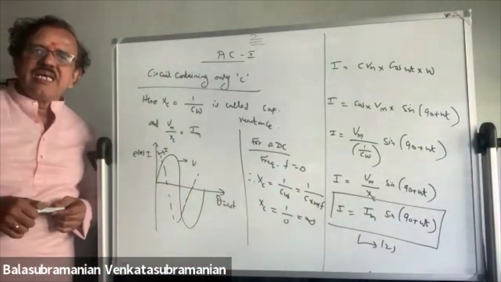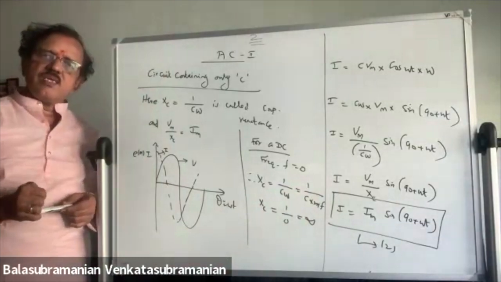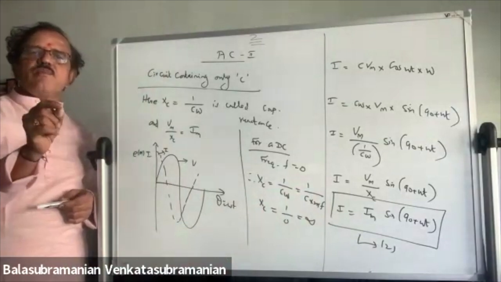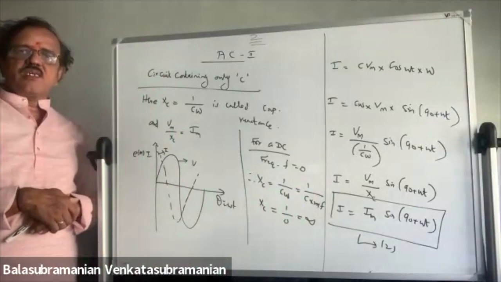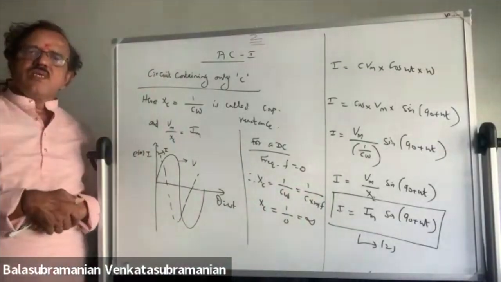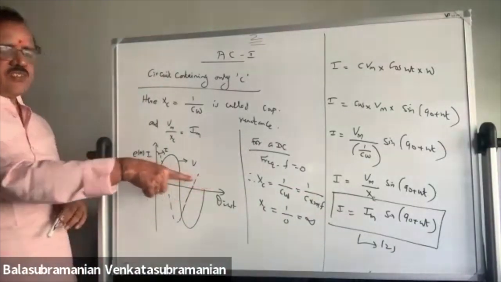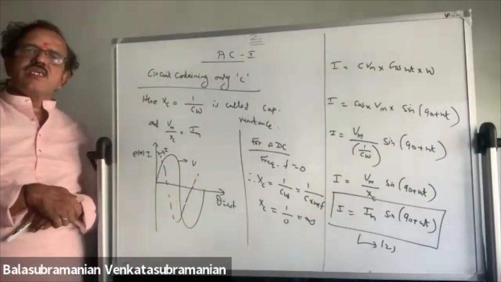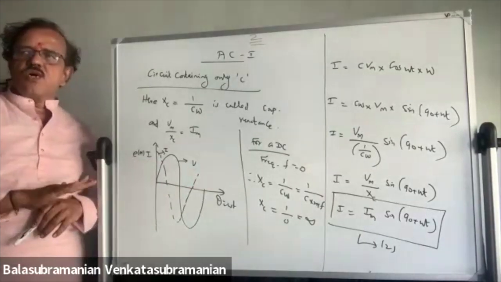That means the capacitor blocks DC. It allows only AC to pass through. Major concept here, very, very important note. Capacitor blocks DC because the resistance offered for the DC in the capacitor is infinity. So no current flows.